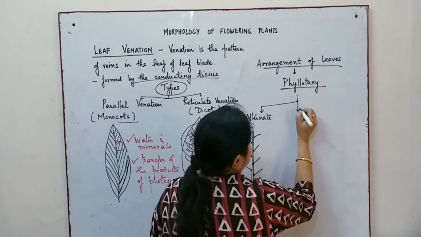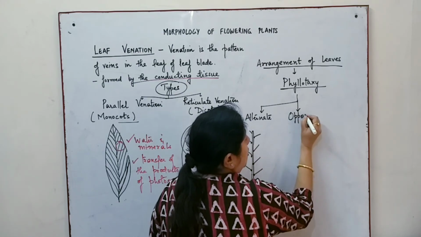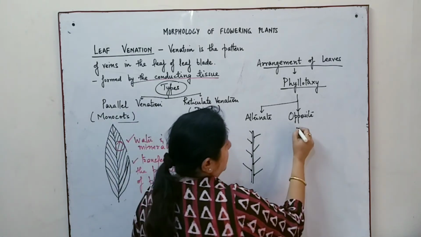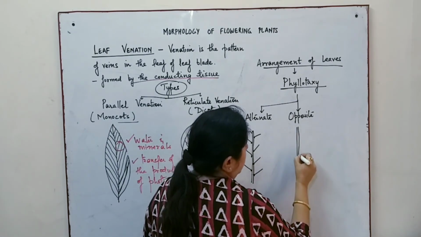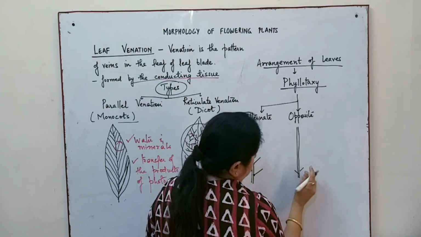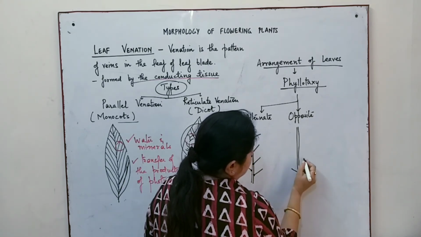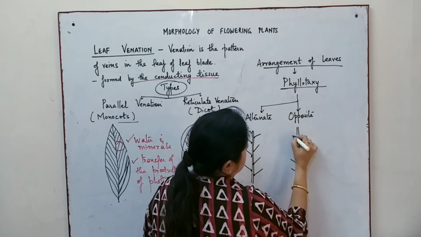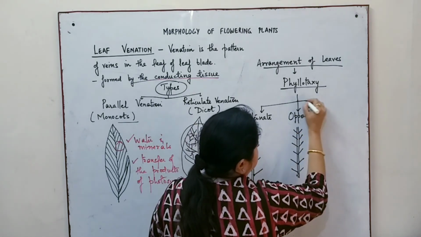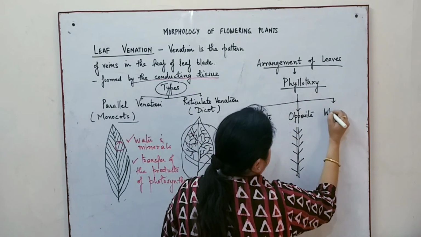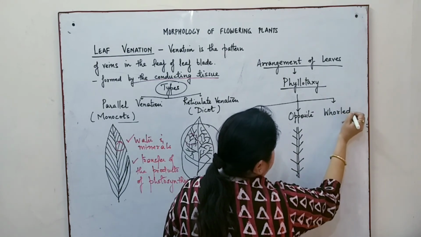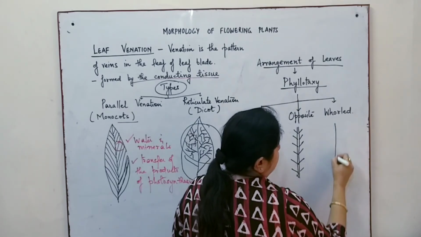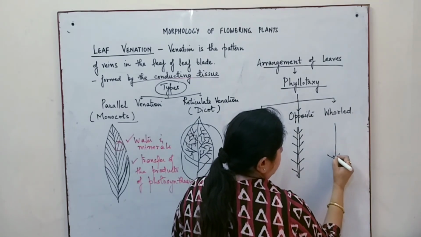The second is the opposite. The opposite arrangement is seen when the leaves are arranged opposite to each other, and the leaves are borne at the nodes. So here the leaves are placed opposite to each other. The third type is the whorled type. In the whorled type, a node will have many leaves.